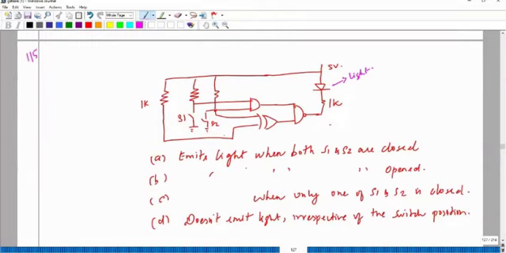Okay, so basically the switch will work only if I give positive to this one and ground to this one. So if it is 0, the bulb will emit the light. So for what values is it 0?